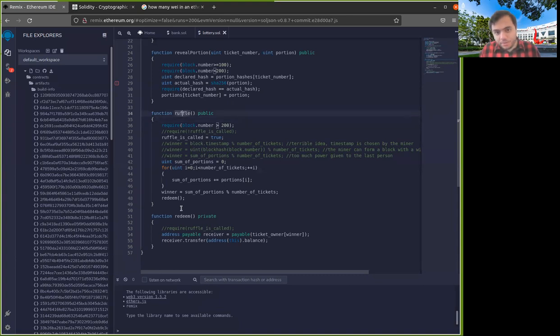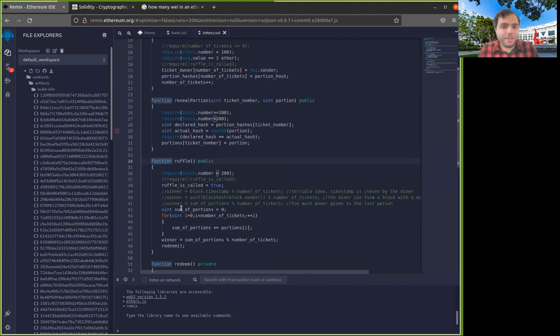So that's awful, because what it means is that this function can never be called in practice, right? Because only functions that use less than 30 million units of gas can possibly be put into a block. And so this function just doesn't fit into any block because of the amount of gas that it uses. So no one can call this function.